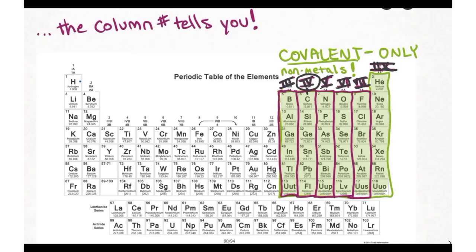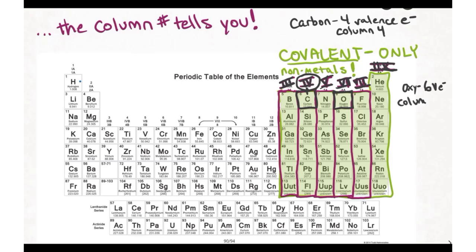So carbon is in column number 4, so it has 4 because column 4. And that's carbon right here. Oxygen is right here. Oxygen is in column 6. So oxygen has 6 valence electrons because it's in column 6. And it's as easy as that. No trickery to it. Whatever column it's in, that's how many valence electrons it has.